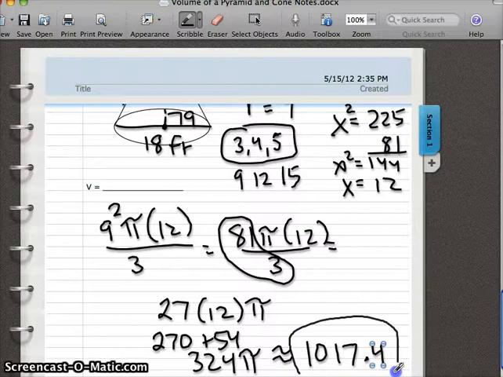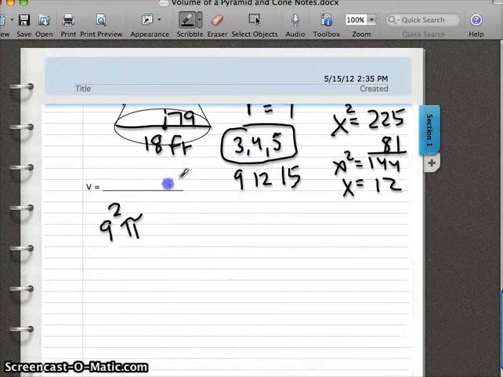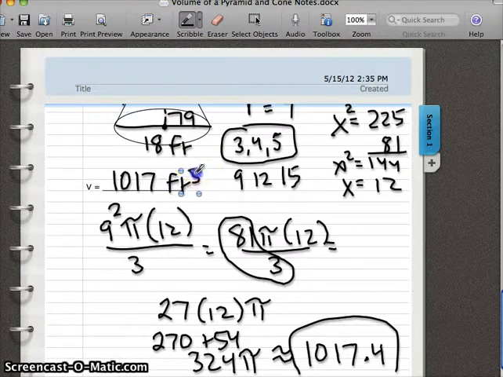It's close enough. Pay attention to directions on what they want you to do. Either round to the nearest tenth or hundredth or whole number. So the volume is approximately 1017 cubic feet. That was our unit.